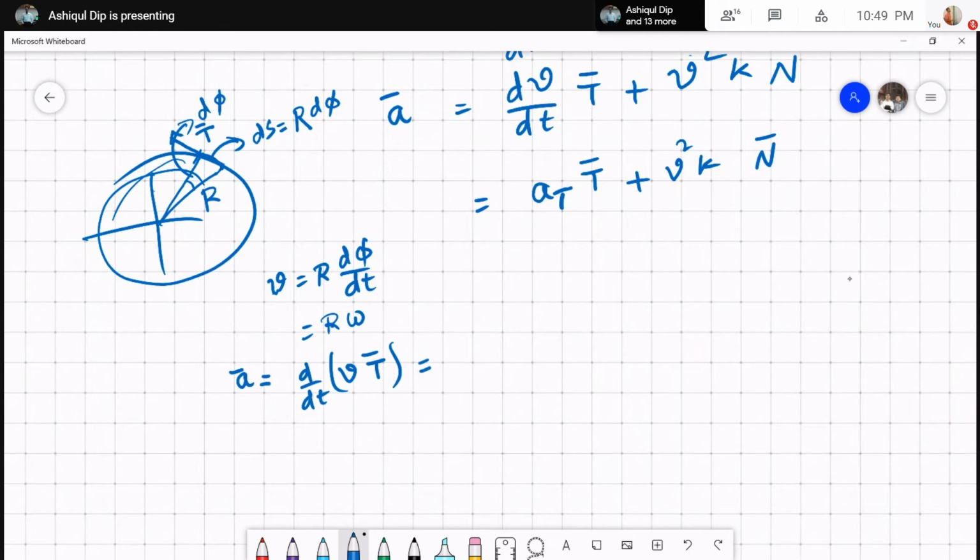So we have v multiplied by dt over small dt, which we can write by introducing the same parameter: v ds over dt, dt over ds, like that, and have v square, and then what's this part? It's k times n.